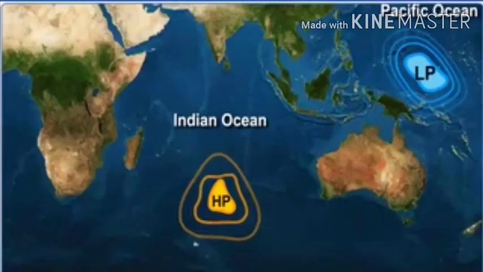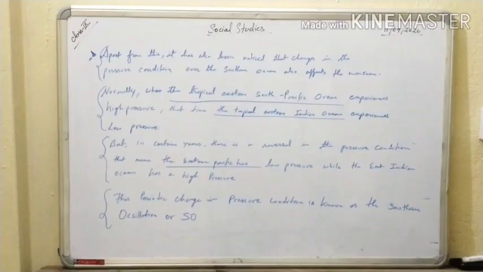But in certain years there is a reversal in the pressure condition. That means the eastern Pacific has low pressure, while the east Indian Ocean has high pressure. Now this periodic reversal in the pressure condition is known as the Southern Oscillation, also known as SO. This has an impact over the Indian monsoon.